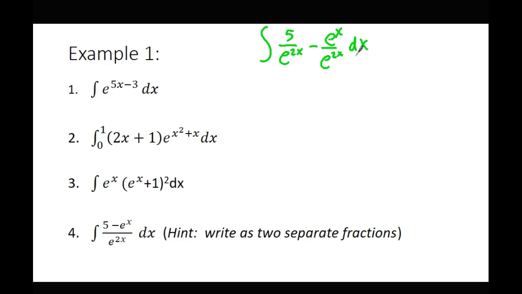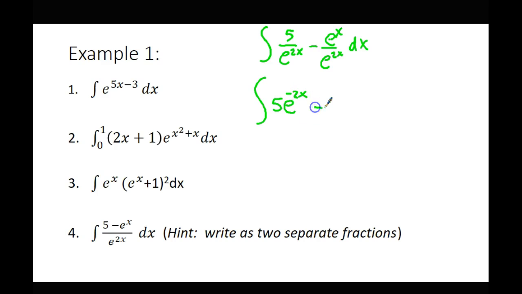You see what I did there? I split that one fraction up into 2. That makes integration a lot easier sometimes. So now in the first case, what I would say we want to do is we want to change this to e to the power of what instead? Yeah, because we want to move it to the top, right?